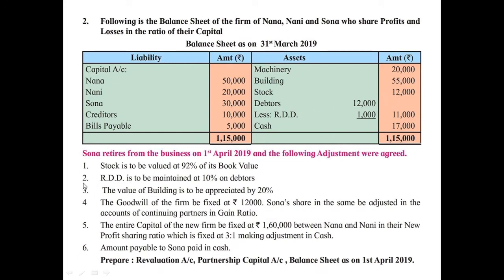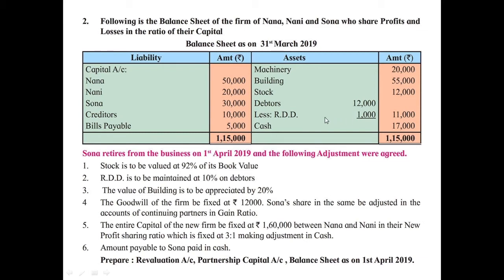Second adjustment, RDD is to be maintained at 10% on debtors. So you have to take 10% of 12,000. The debtors are given in the old balance sheet as 12,000. Then there is RDD 1,000. So as per the second adjustment you have to take 10% of 12,000, that will be 1,200.